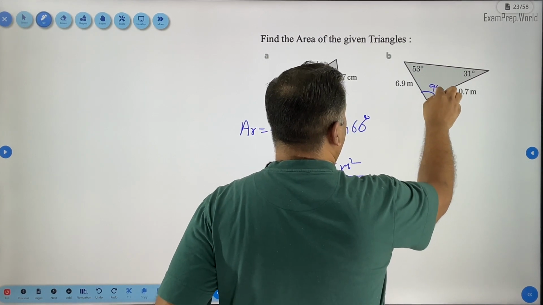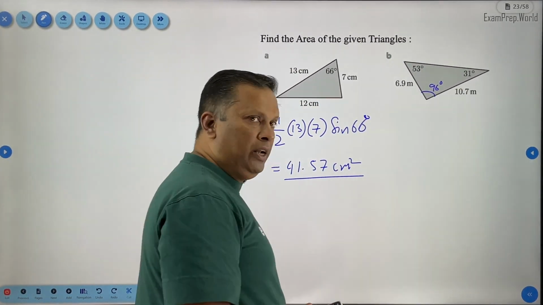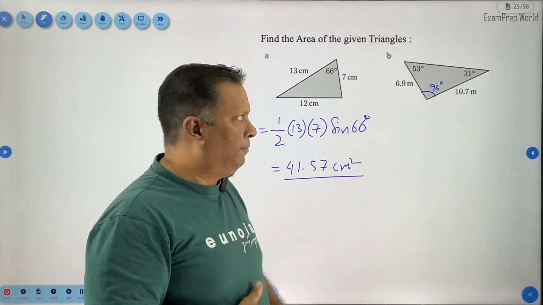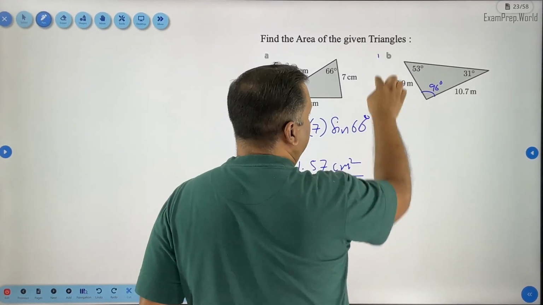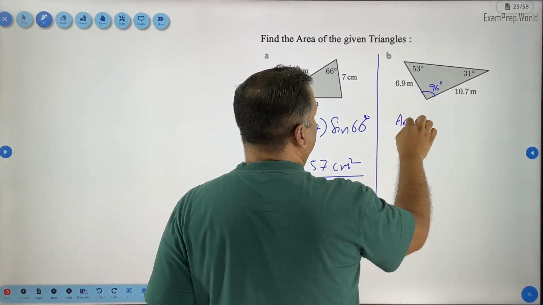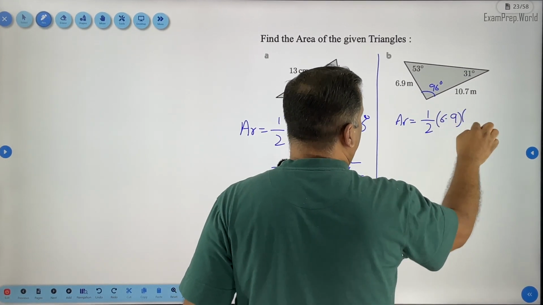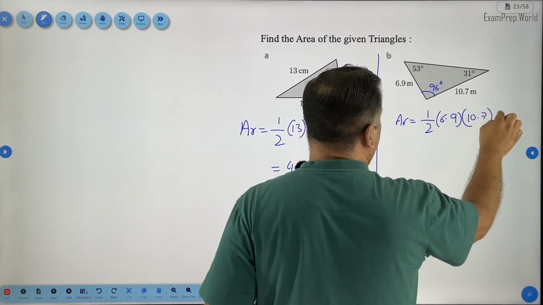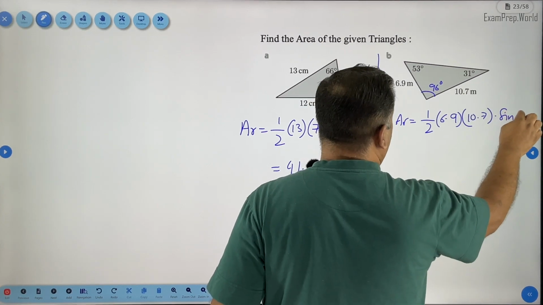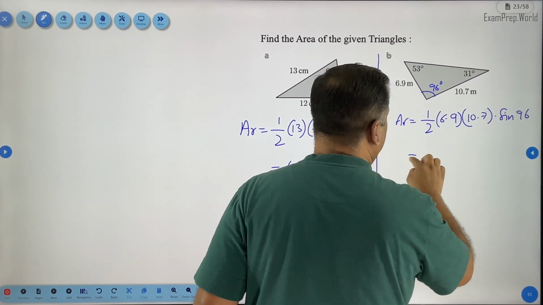This angle is 96 degrees. And for finding area, we need two sides and the angle between them. We have the two sides, 6.9 and 10.7. So its area is half of 6.9 times 10.7 times sine of 96.